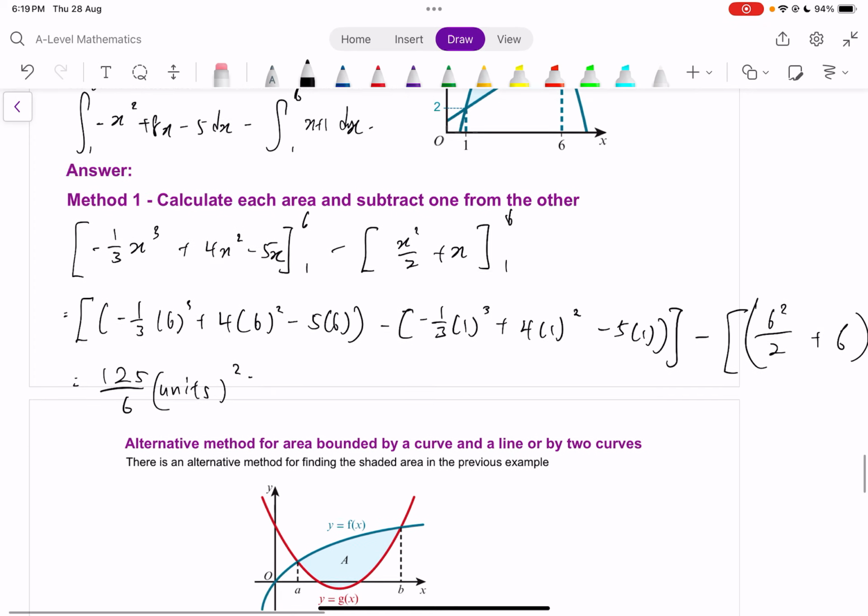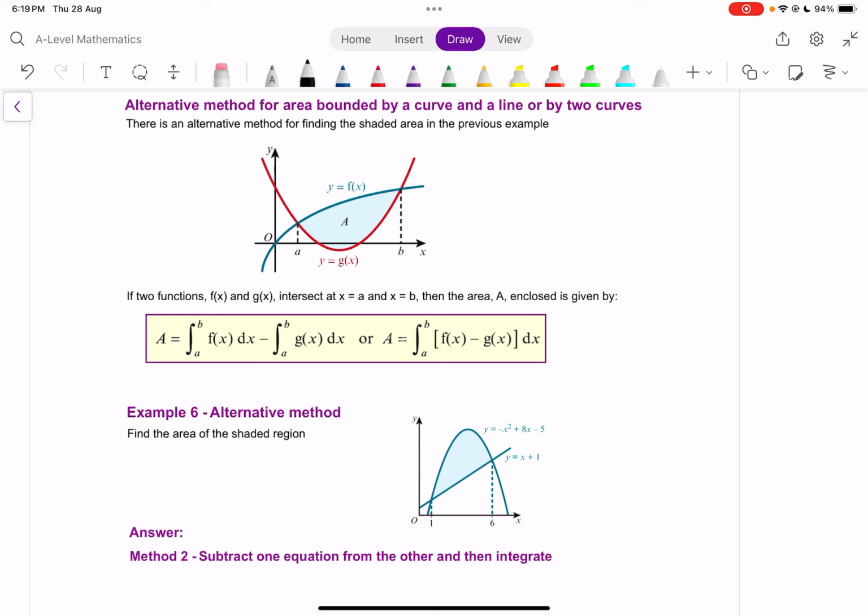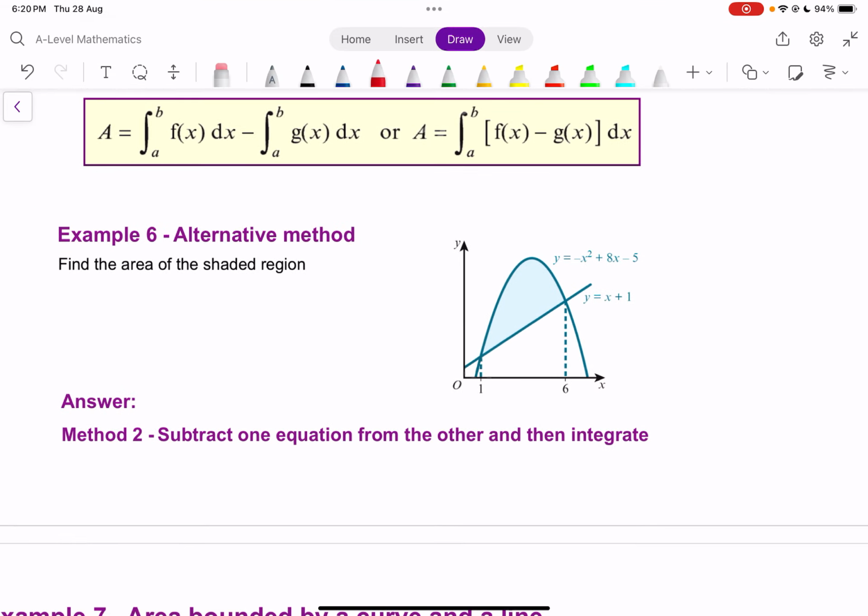Alternatively, we can directly subtract the polynomials. For example, here is f of x and here is g of x, and we can directly do f of x minus g of x. So here we should get negative x squared plus 7x minus 6, I think.